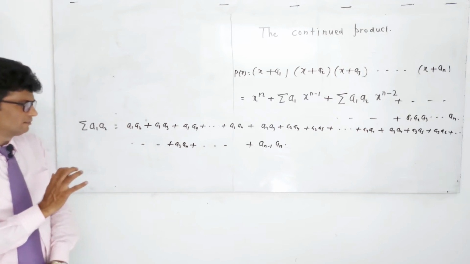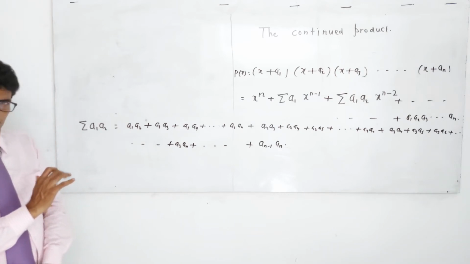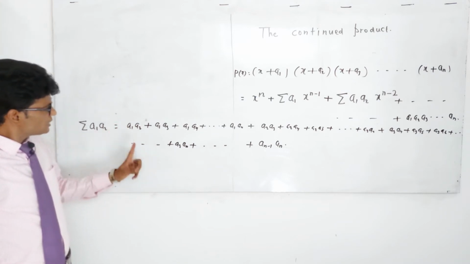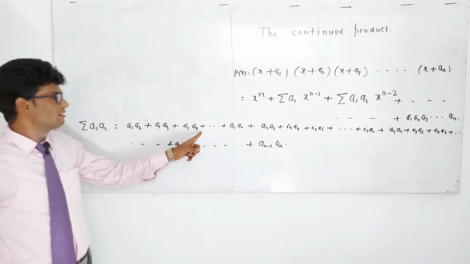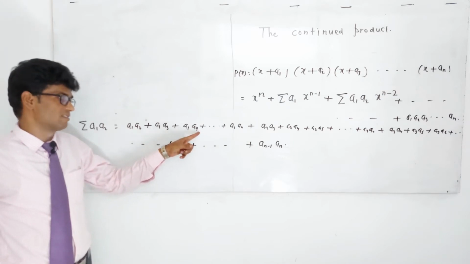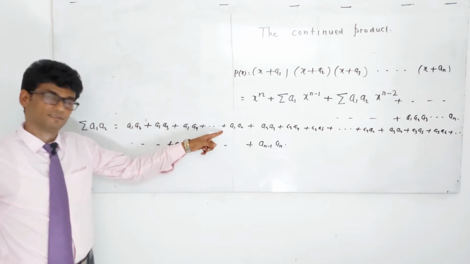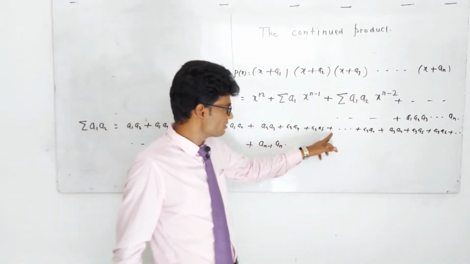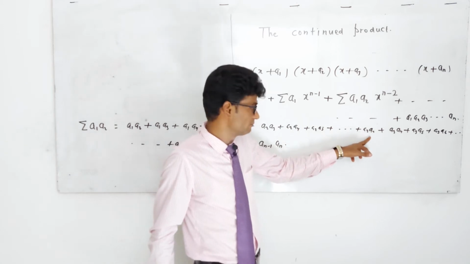So look at the way I am writing here. You have to learn. Now we are going to generalize it after writing 3 terms. Look here, plus dot dot dot plus. Now here again 3 terms, plus dot dot dot plus and then the last term.